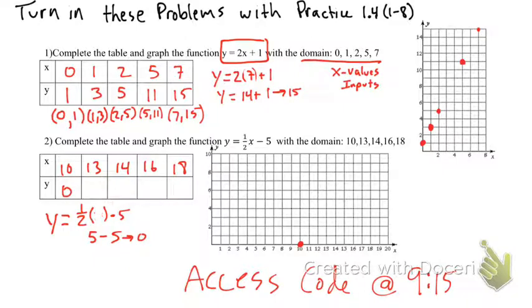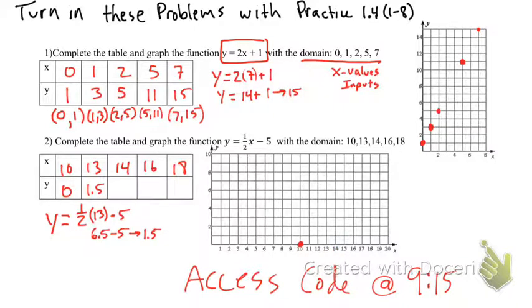Now we're going to plug in 13. One half times 13 is 6.5. Bring down the negative 5. You get 1.5. So 13, 1.5. So we go here, 13, 1.5.